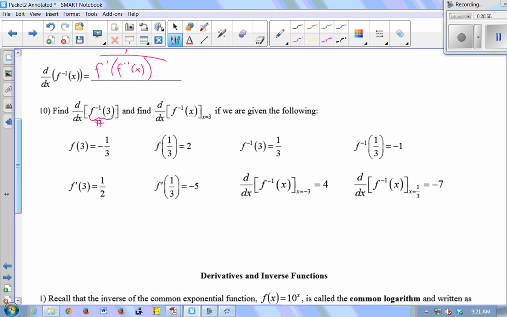So this first one is easy: d dx of f inverse of 3 is 0, because they're asking you to take the derivative of a constant. So that one's 0. This one is asking you to take the derivative of f inverse, then plug in 3. So we have to take a derivative, then plug 3 in.